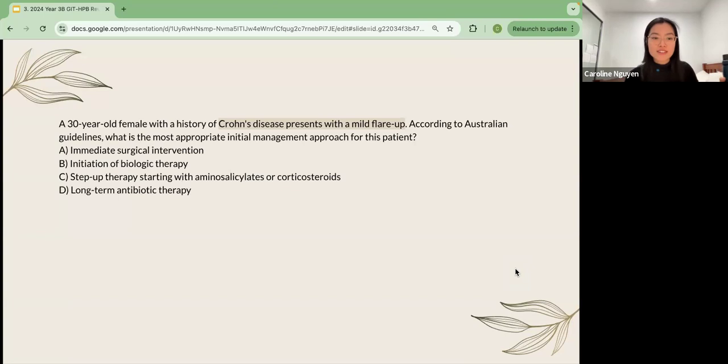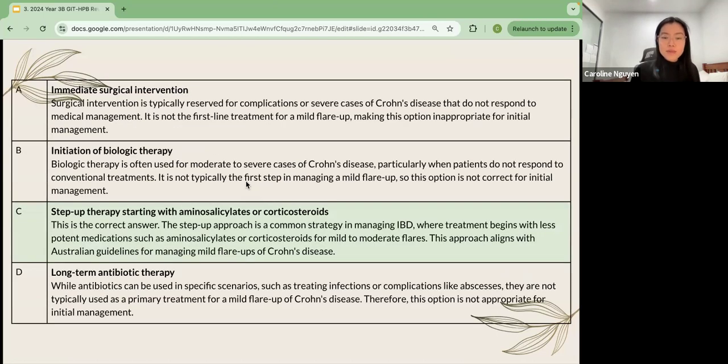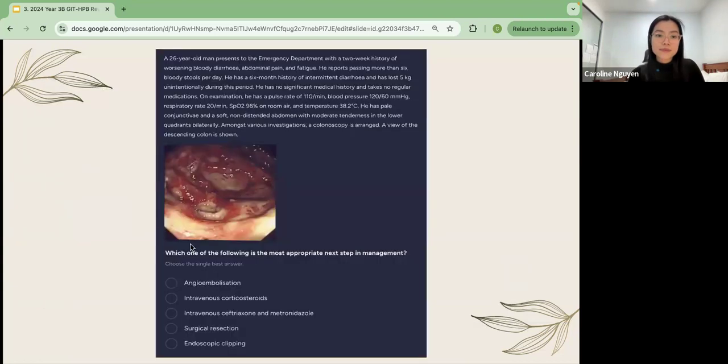They probably don't need surgery. Biologic therapy is really expensive. They probably don't need that first line. That's also not even first line. Antibiotic therapy is not how we treat IBD. So it's C. So the step-up approach is start with aminosalicylates or corticosteroids and then move up wherever necessary.